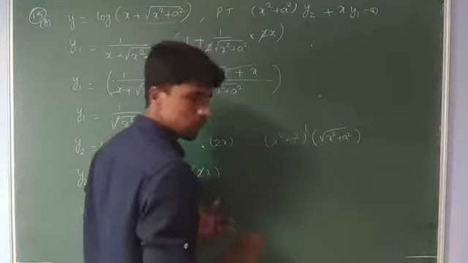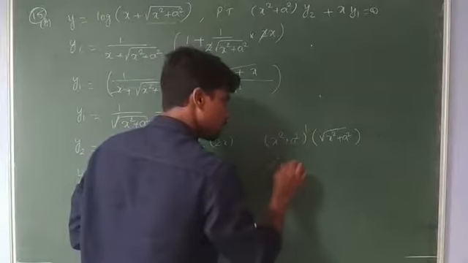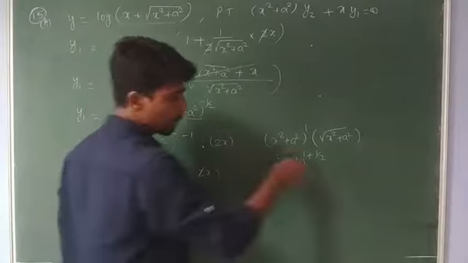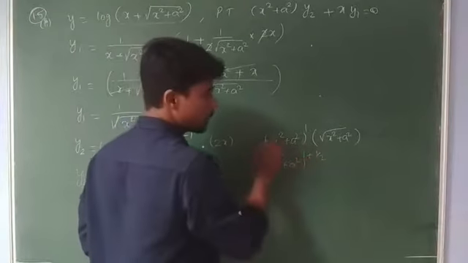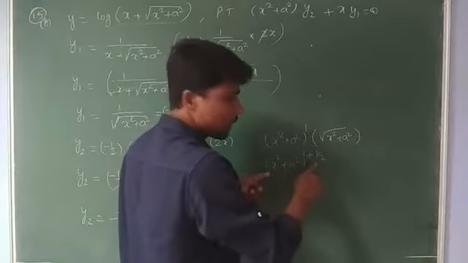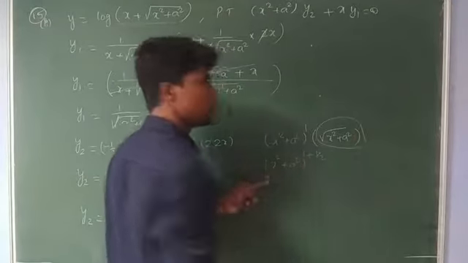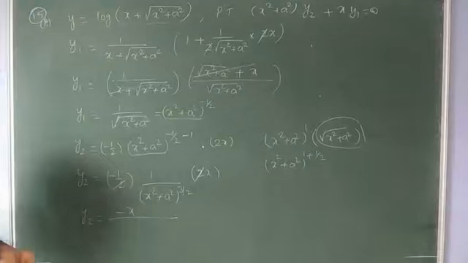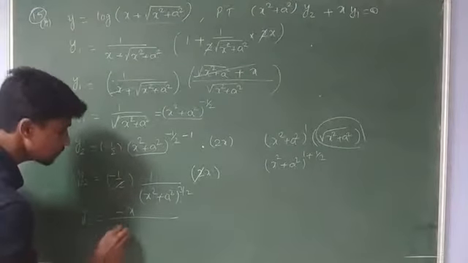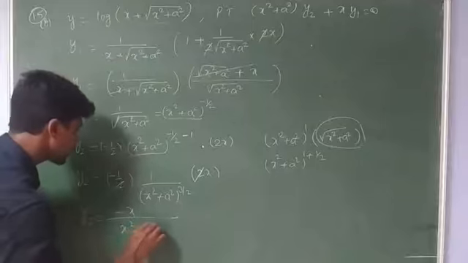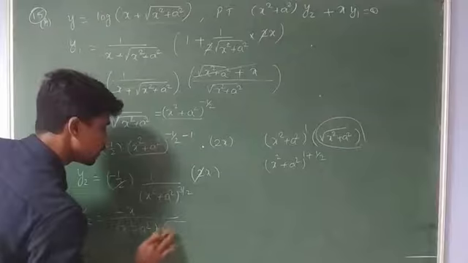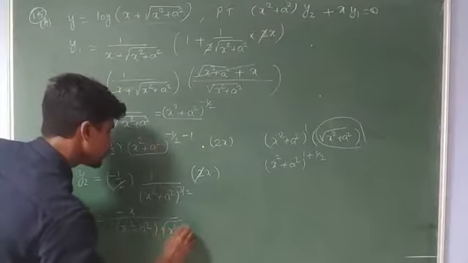If you have a doubt, I can write it as x square plus a square whole power 1 plus 1 by 2, right? A power m plus n can be written as a power m into a power n. So x square plus a square whole power 1 by 2 is nothing but root over x square plus a square. So if I split it in that form, I get x square plus a square into root over x square plus a square.